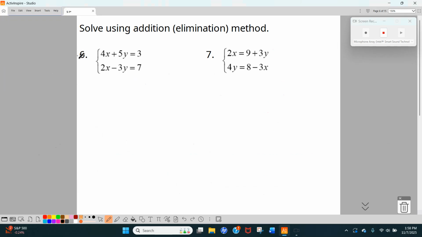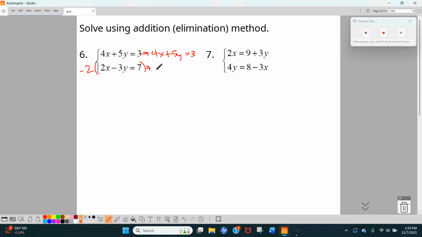All right, so if you look at this problem, I can't add the x's and get 0, and I cannot add the y's and get 0. But I can multiply by negative 2 down here and create a negative 4 that will then cancel out. So I'm not messing with the top equation.